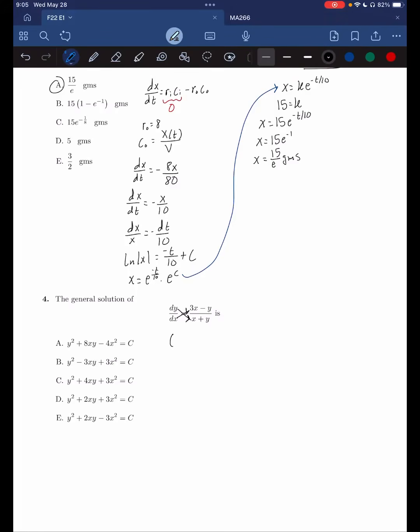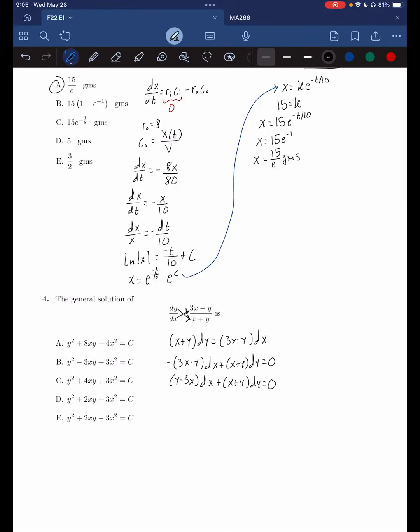We're gonna do this first. x plus y dy is equal to 3x minus y dx. I'm going to move the dx over by subtracting it, and then I'm going to distribute my negative. This is what we're looking at right now.